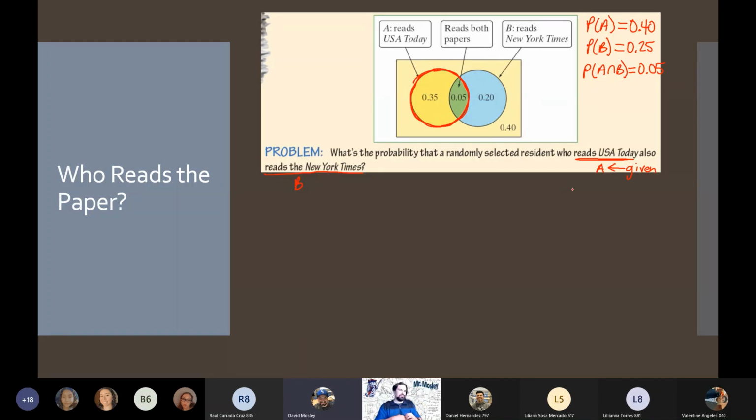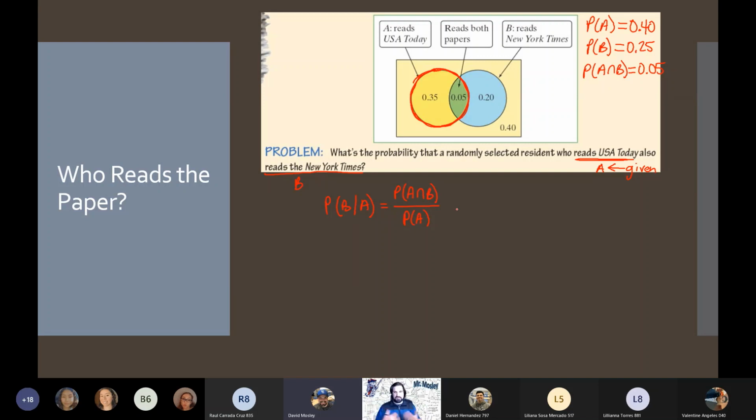So let's look at the actual problem. Now we need to find out what's the probability of B given A. Using our new stuff, we have probability of A and B divided by the probability of A. This is the formula that we just saw on the previous slide.